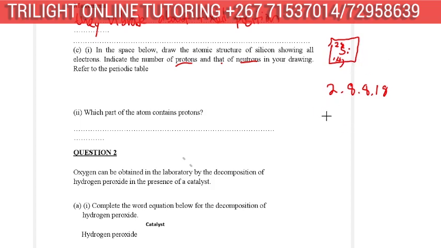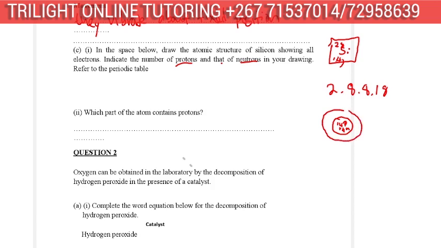So we're going to start with the nucleus. We can write we got 14 protons and 14 neutrons. This is the nucleus.